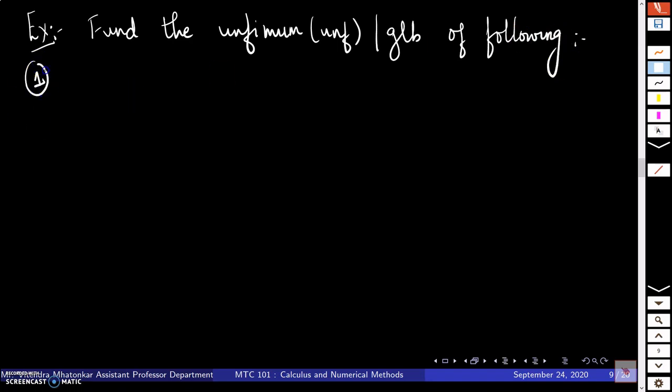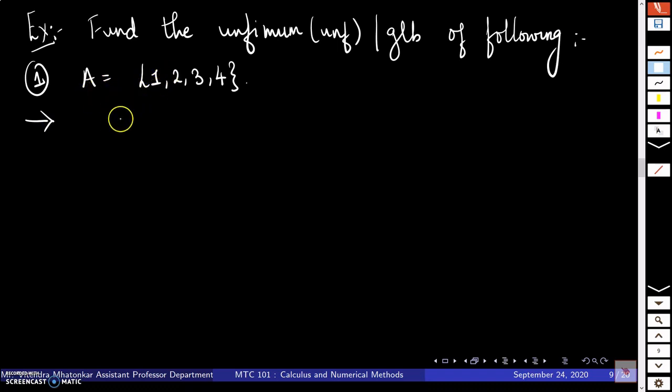The first one is the same one I'll pick up, 1, 2, 3, 4, which I had used in the first slide. Now I want to find the infimum of the set A.